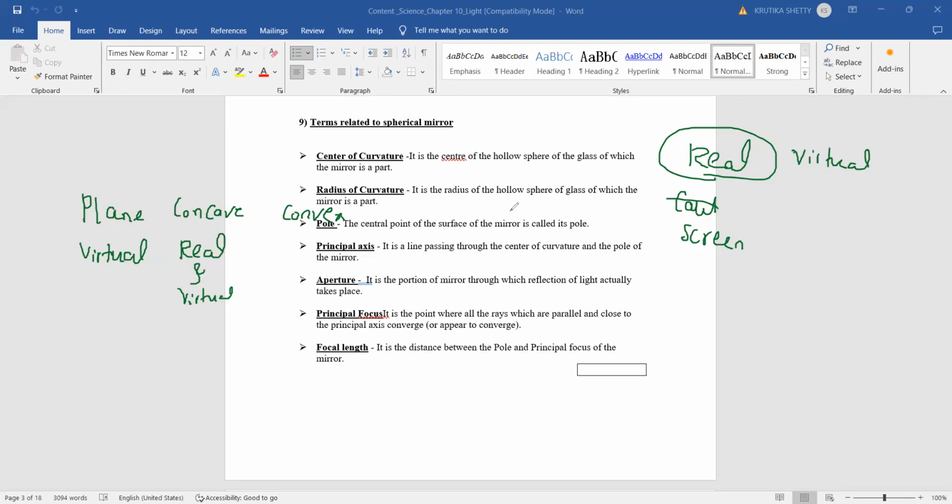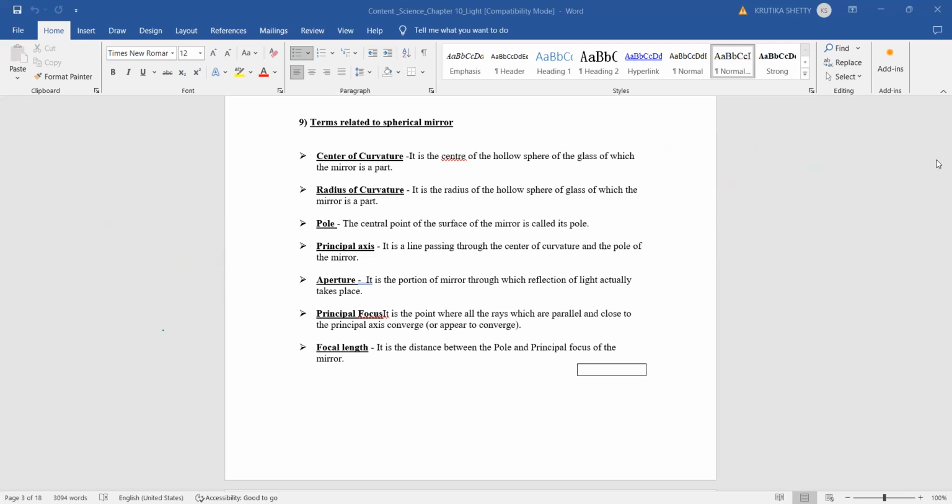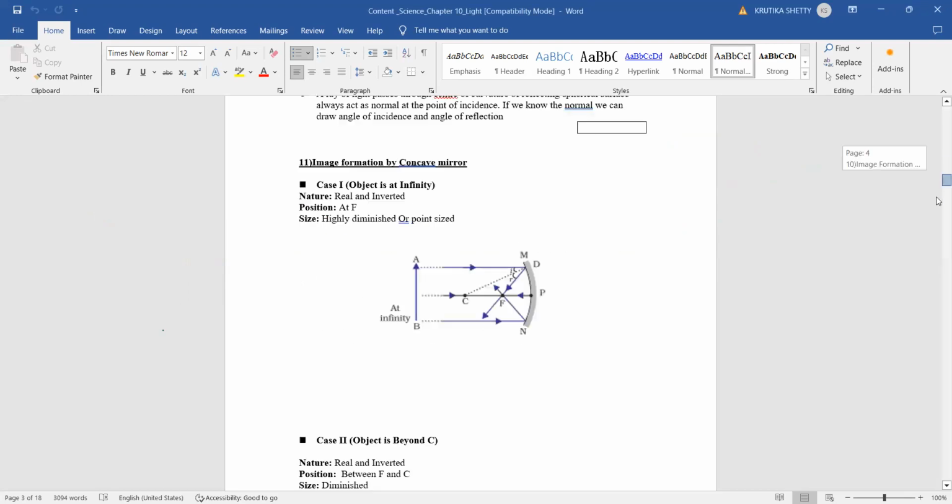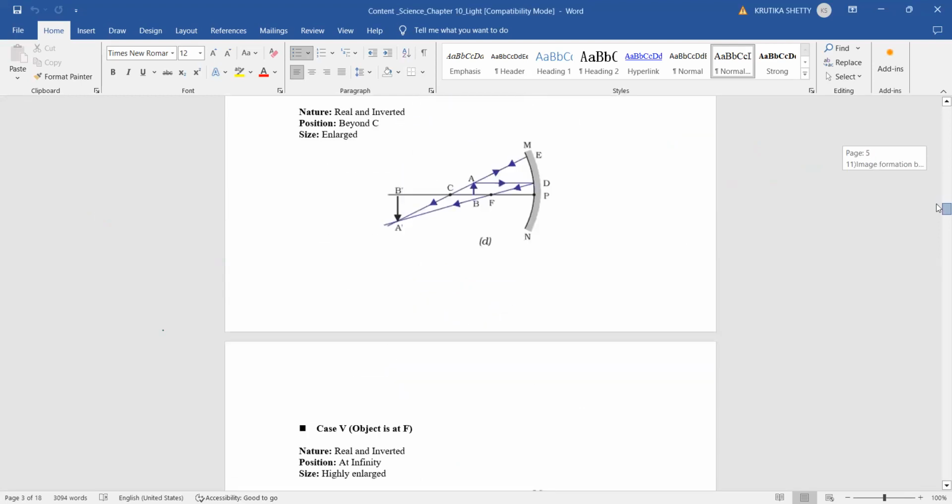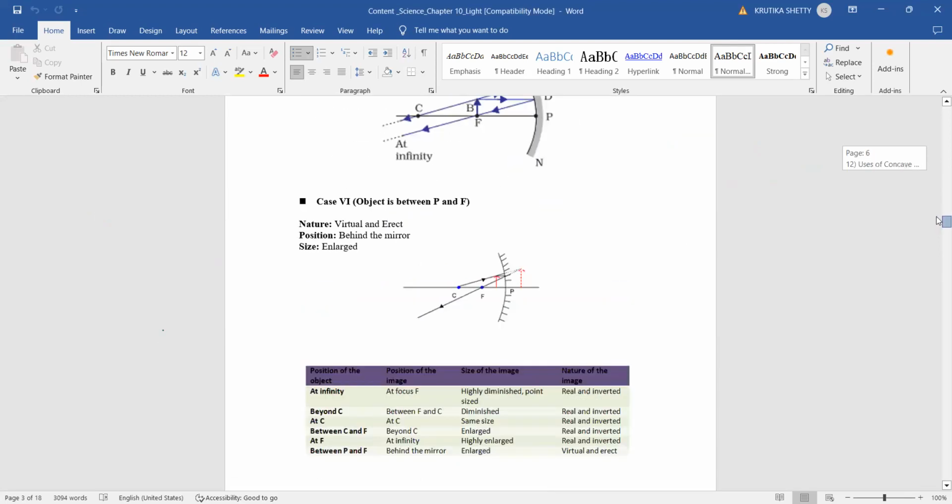Here I'll show you, one second. Case 6 is there. In your textbook, the image for the concave mirror is real, except when the object is very close to the mirror.